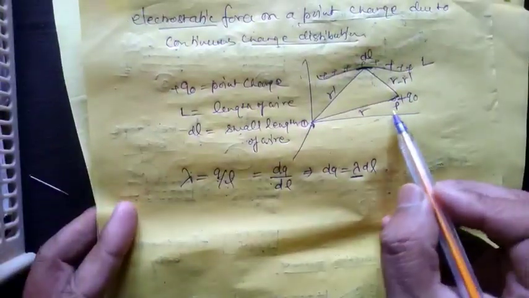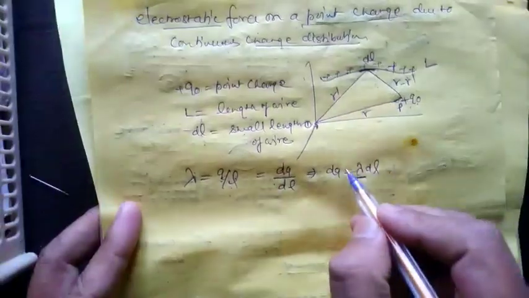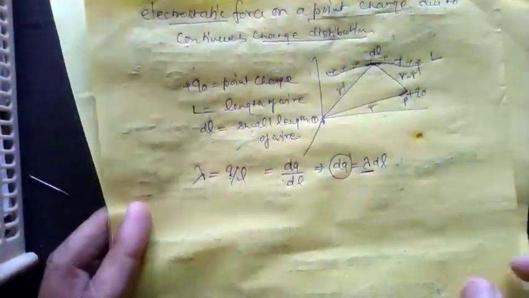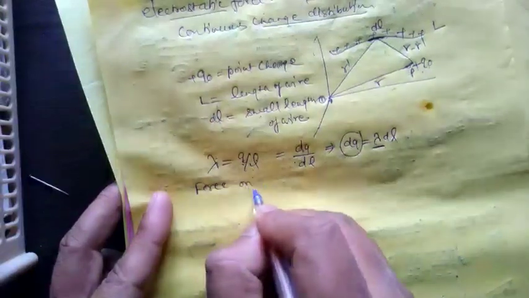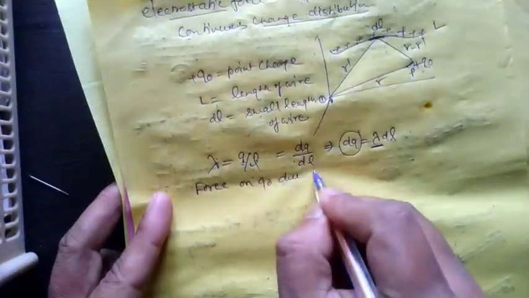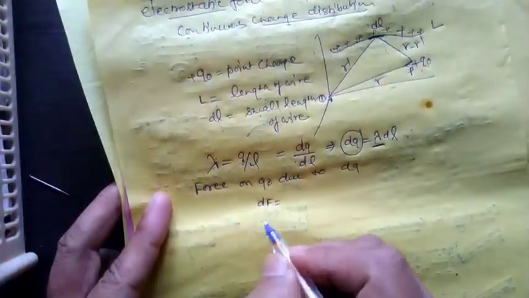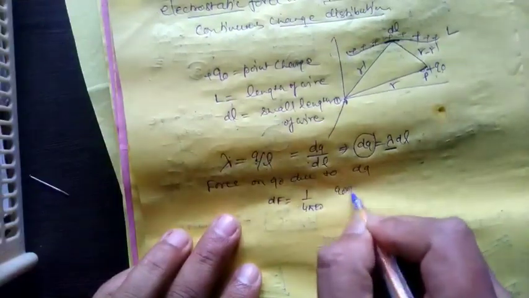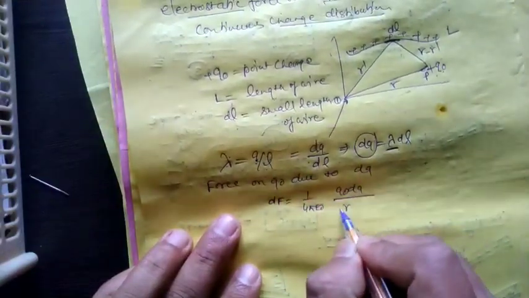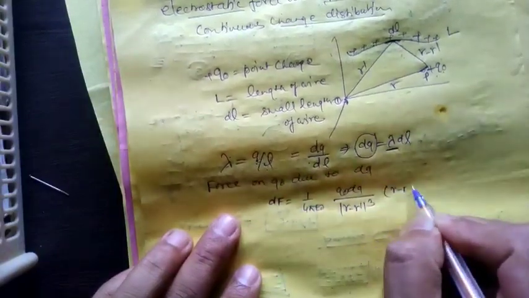Now the force on Q0 due to this small charge dq will also be small: 1 upon 4 pi epsilon naught, Q0 dq upon |r minus r dash| cubed, times (r minus r dash).